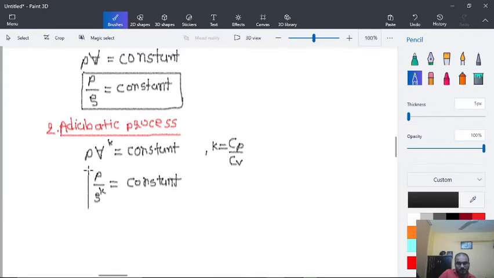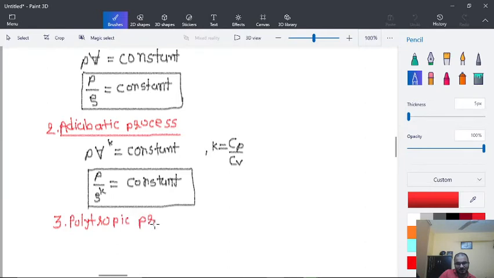And we can also write this as a part of polytropic process. In case of polytropic process, K will not be used here. Here another index is used, known as polytropic index.